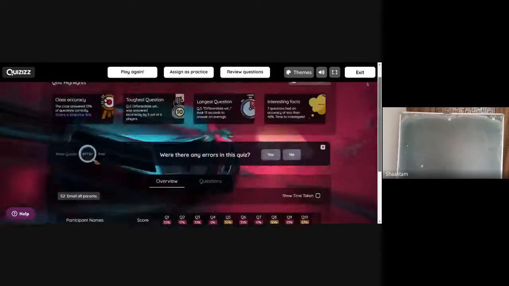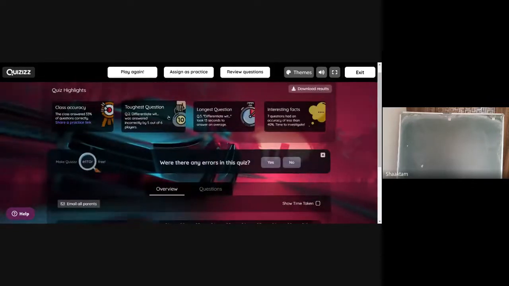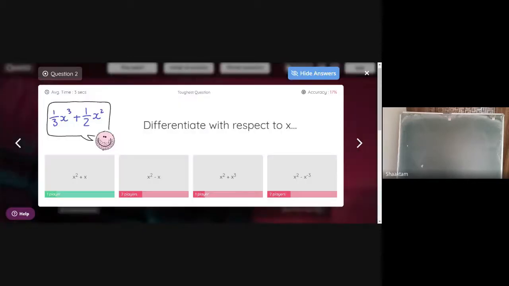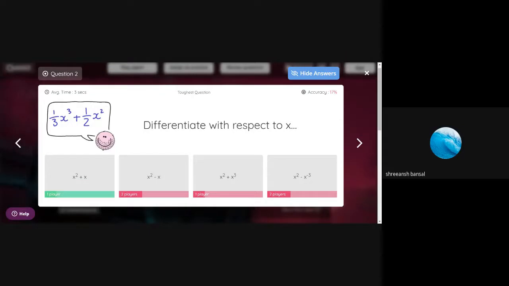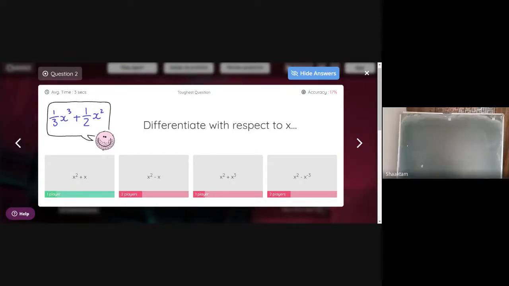Toughest question and longest question. Toughest question: 5 out of 6 players answered incorrectly. What's so difficult in this question? See, you bring the 3 down.